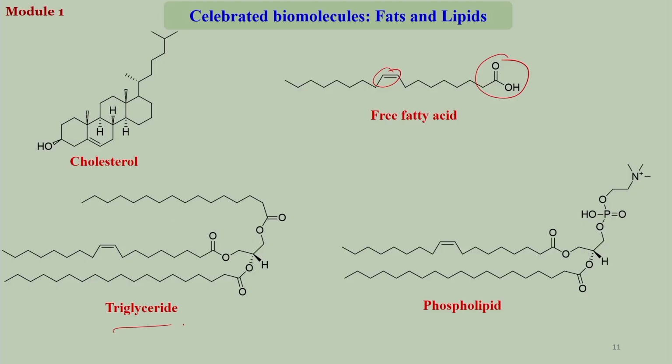They have 3 long carbon chains, and they have a glyceride moiety. Glyceride is basically glycerol, CH2OH, CH2OH. So, here there is one chain, here there is one chain, here there is another chain in this molecule. So, they are called triglycerides. And phospholipid, this molecule is a phospholipid, where there is a phosphate group, and phospholipids are usually not naturally available. You can modify them with another charged species, and then they can be made soluble in water also.